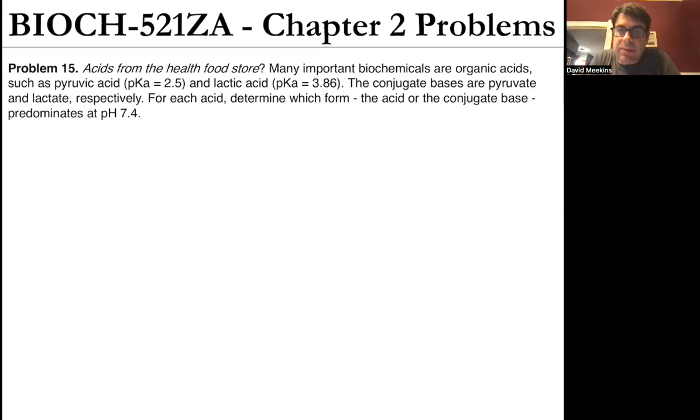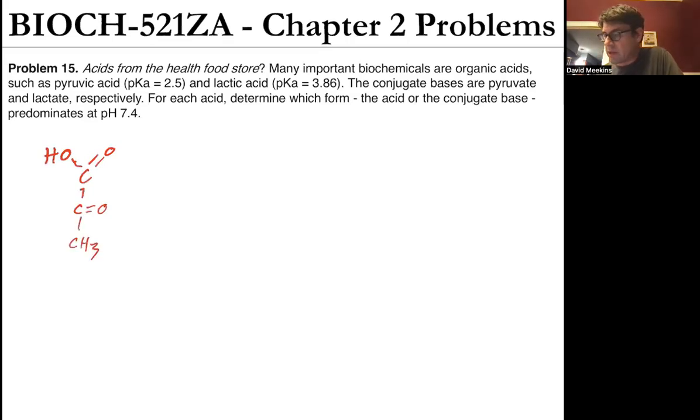For this type of question, you could use the Henderson-Hasselbalch equation, but you really don't need to. It's something you should be able to intuit with a little bit of practice. Let's start with pyruvic acid. It's got a carboxylic acid group, COOH, then COCH3.